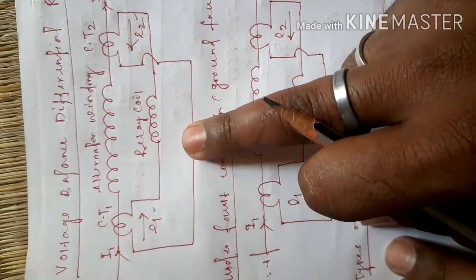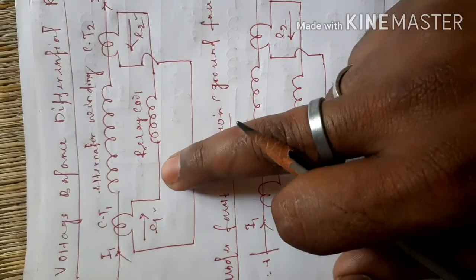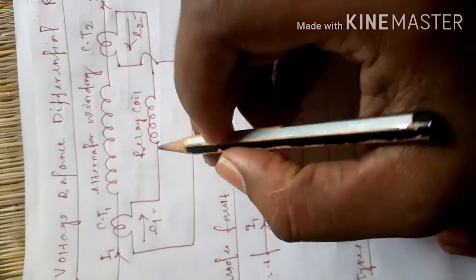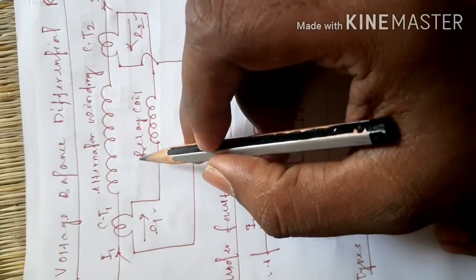In this circuit diagram, the single line diagram of the alternator winding is shown.